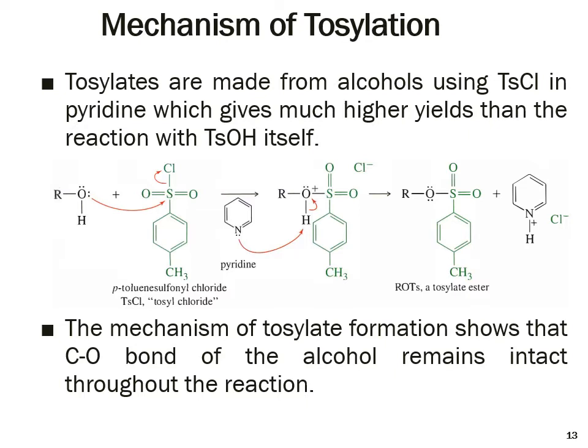So this kind of complex is formed, and we have this tosylate ester where we can add a good nucleophile like a hydride, and we can remove this tosylate group, and the hydride would be attached to this R group.